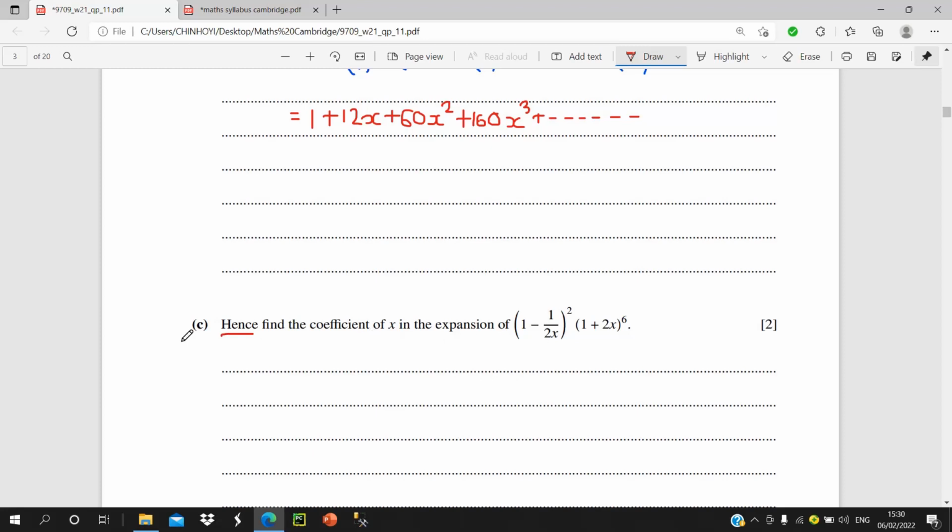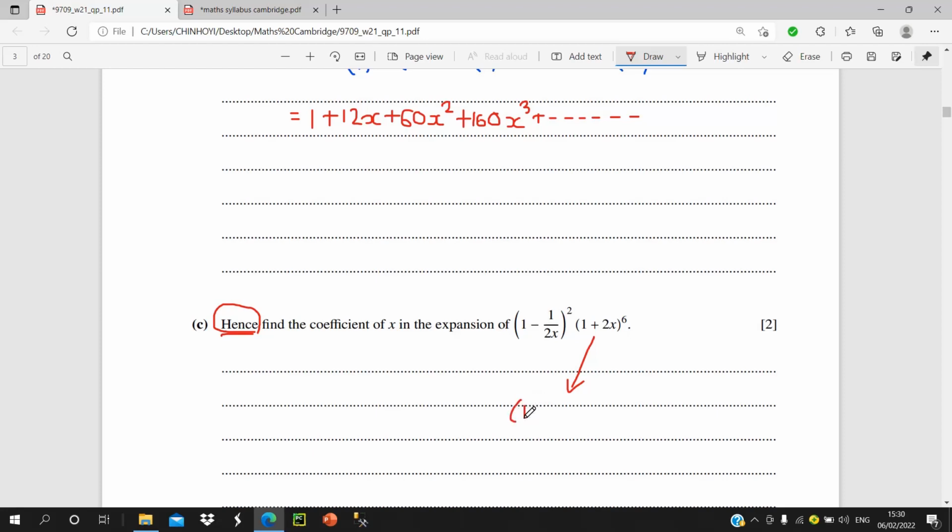Hence means when you have calculated something before, you have to use those results, because as you can see, this one was part A and this one was part B. So for part B here, we have already expanded the expansion. Let me write it here.